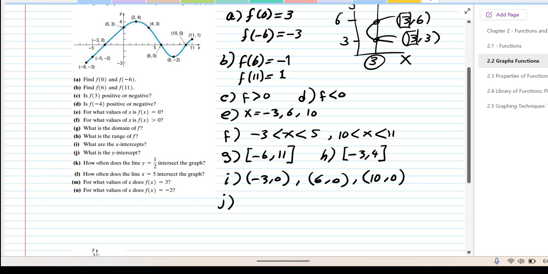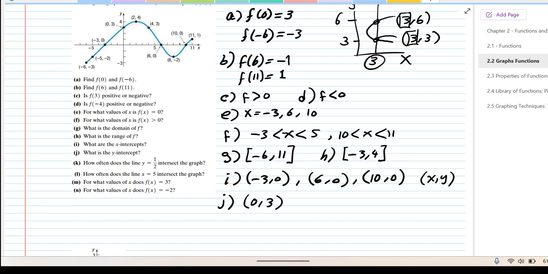Let's do part J. What is the y-intercept? The y-intercept is the place the graph crosses the y-axis, and this is (0, 3). Now, in parts I and J, these are coordinates of a point, x, y, whereas in part G, those are intervals.